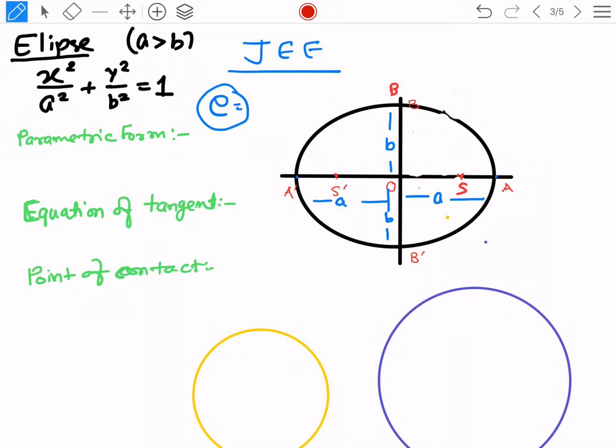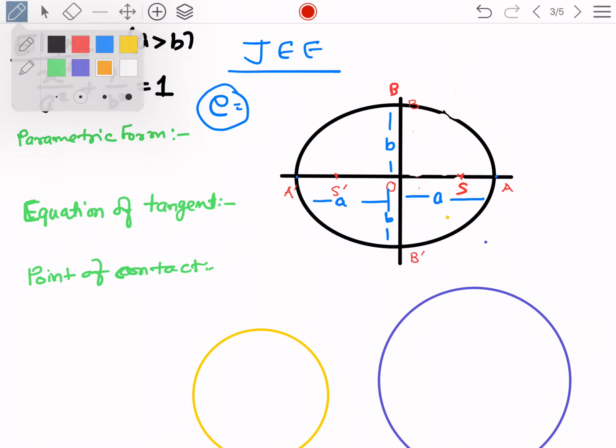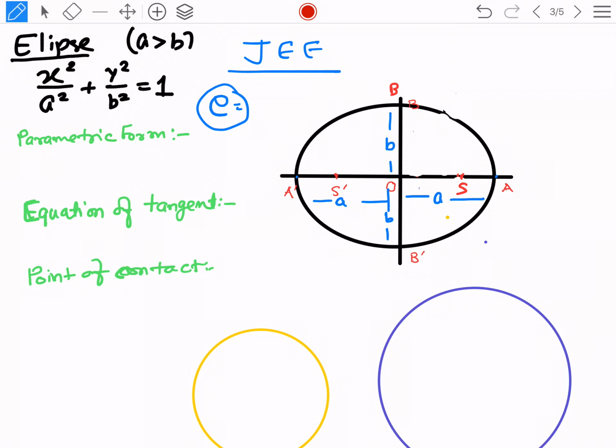We also read the relation between e, a and b, which everyone can write: b square is equal to a square in bracket 1 minus e square.